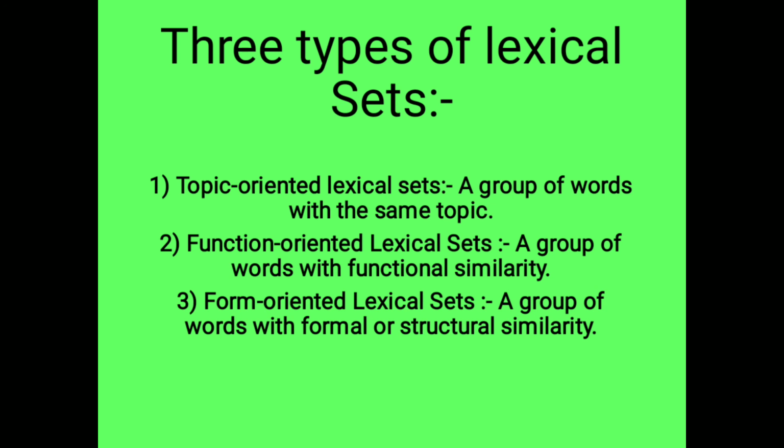Then I'm going to explain the second lexical set, that is vehicles. There are different types of vehicles, for example, truck, bus, car, van, bulldozer, bicycle, moped, motorcycle, scooter, aeroplane, helicopter, satellite, ship, raft, yacht, submarine.